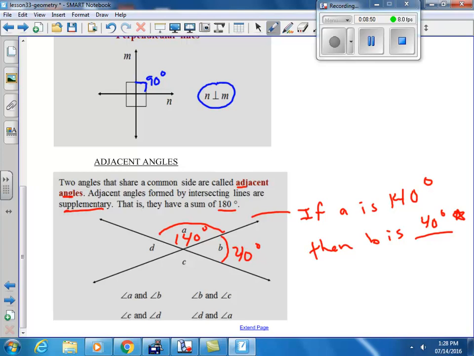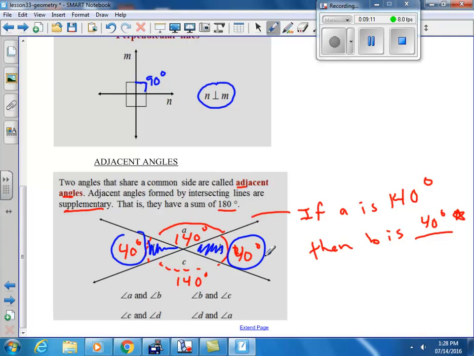Okay? And now if this is 40, then from here to here would have to be 140. And from here to here would have to be 40. So you can kind of fill in the blanks. And then you start to notice that these angles that are across from each other are always equal, 40, 40.